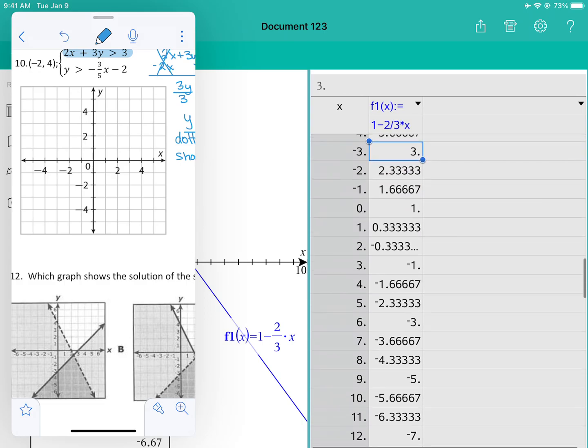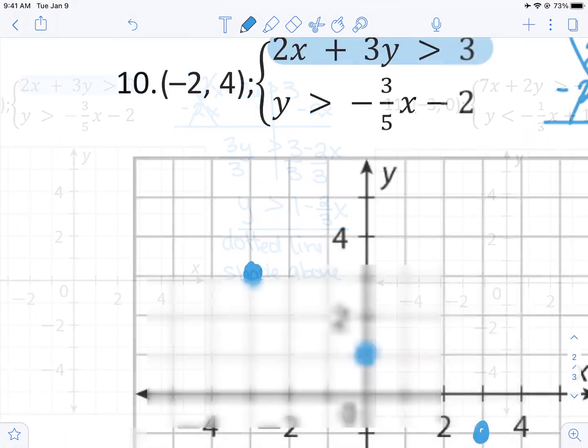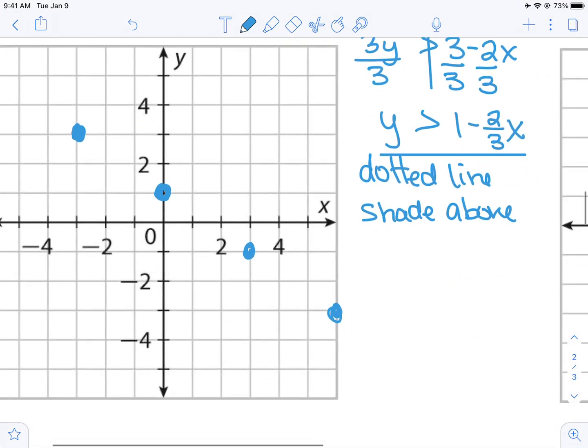So I am going to start by plotting -3, +3, 0, 1, 3, -1, and 6, -3. Okay, again, we had a dotted line, so make sure I don't mess up this time.